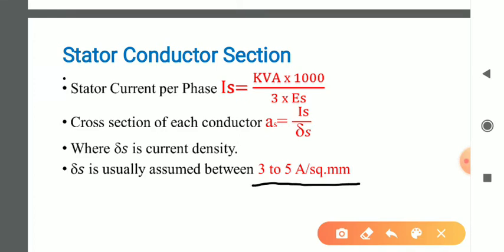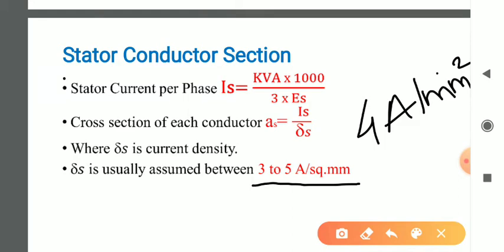So if the current density is not given in the example, then you have to assume the current density between 3 to 5 ampere per millimeter square. Normally we assume the value of the current density del S as 4 ampere per millimeter square.